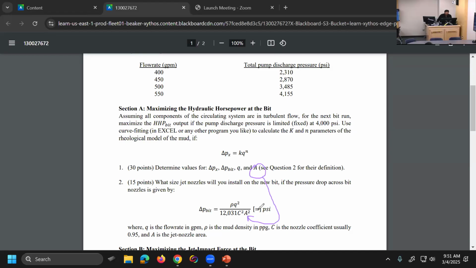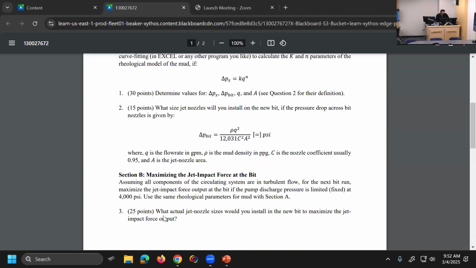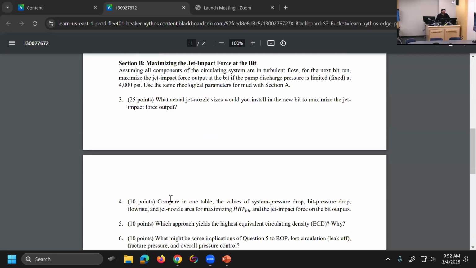You may be able to use this. You can also use this equation in question number 1 if you want as well. So it's a universally applicable sort of equation for this kind of fluids. Well, I shouldn't say universally applicable, but yeah, it's in the book, available to use.